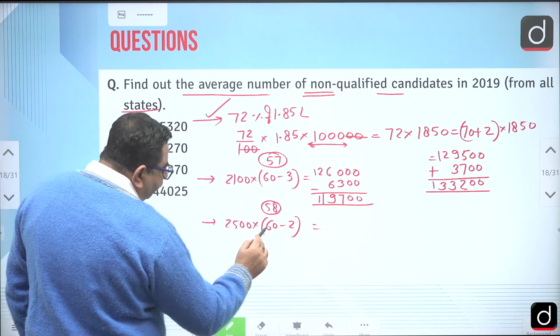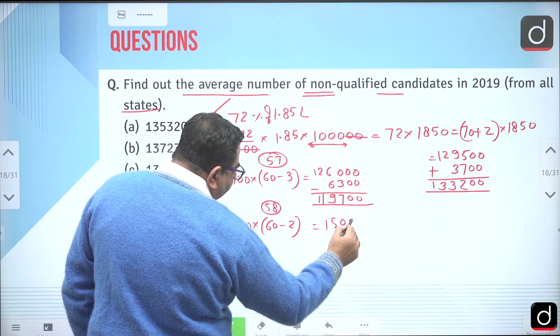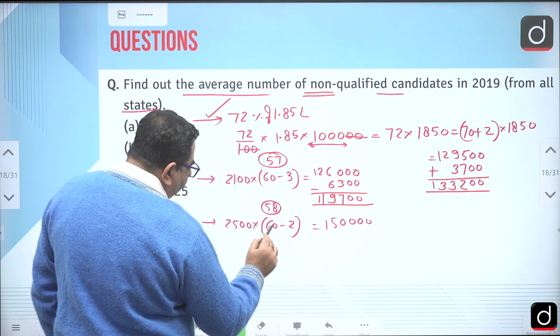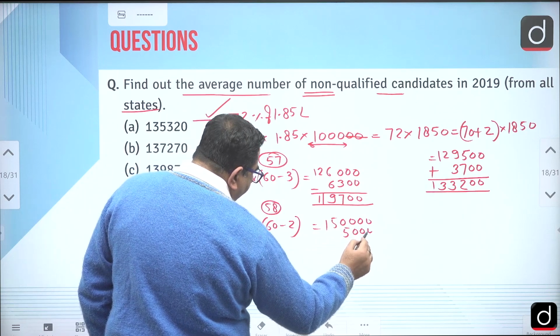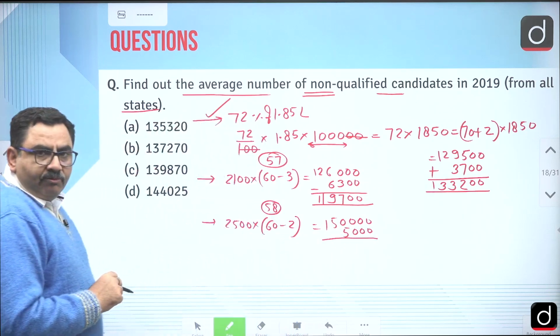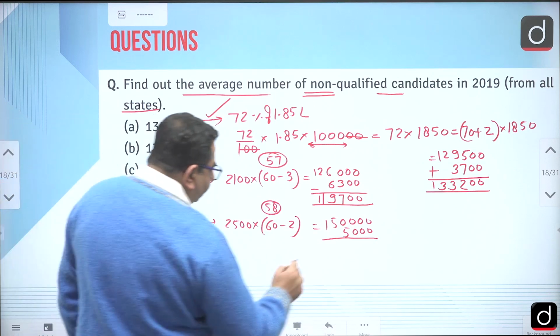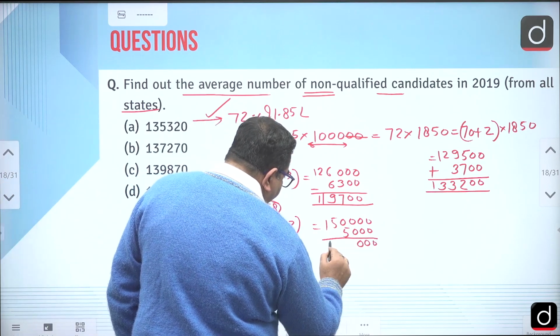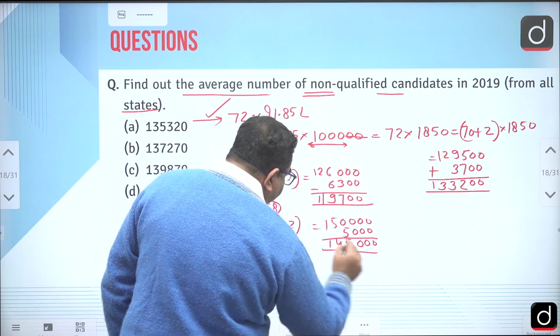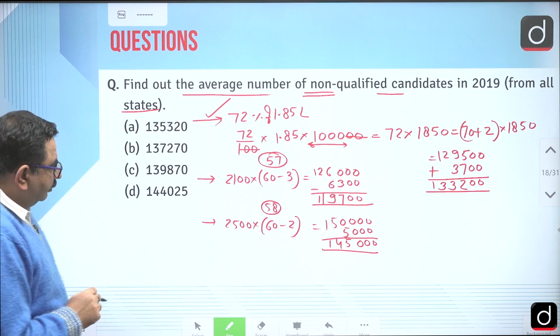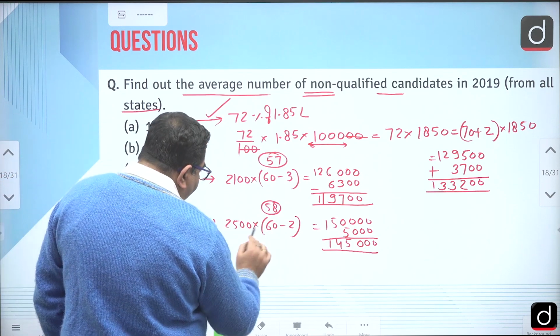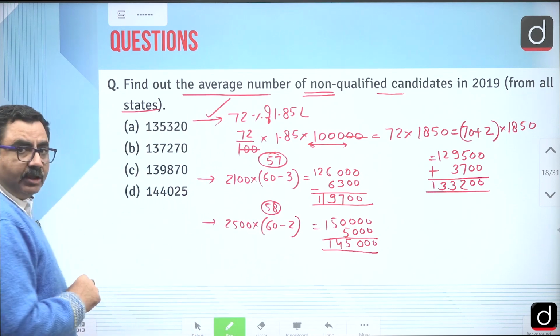Now 25 into 6 is 150 and 3 zeros, minus 25 into 2, which is 50 and 3 zeros, so that is 145. This is the next value. So easily we can calculate 2500 into 58, by writing 58 as 60 minus 2.